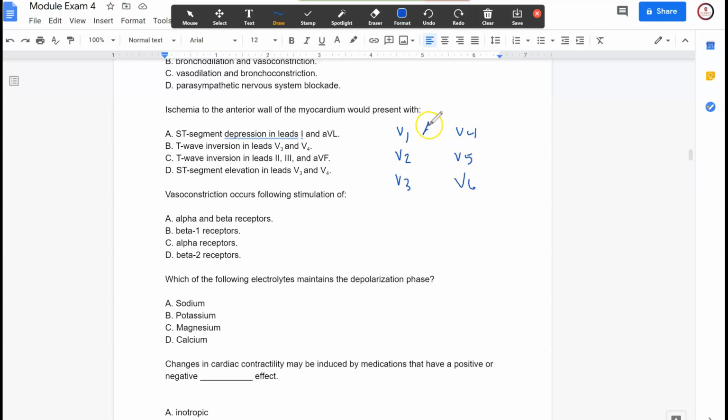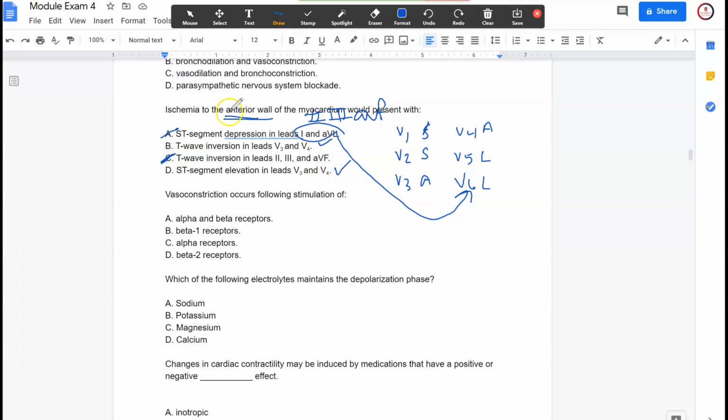We have septum, anterior, lateral, and in your inferiors 2, 3, and AVF. 1 and AVL hang out over here at V5 and V6 in the lateral. So we're looking for the anterior wall. So this is a lateral wall. V3 and V4 is anterior, so we'll hang on to that for now. 2, 3, and AVF is inferior, so we'll get rid of that one.